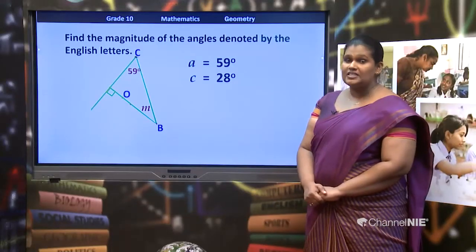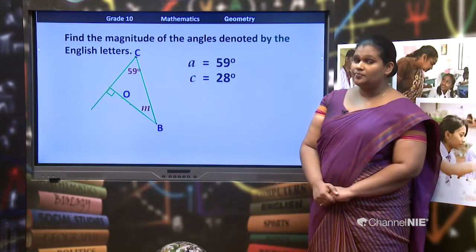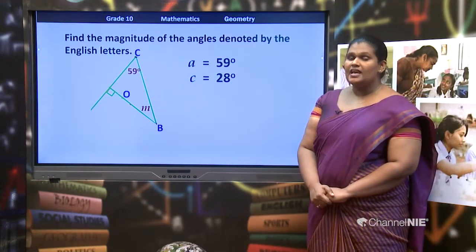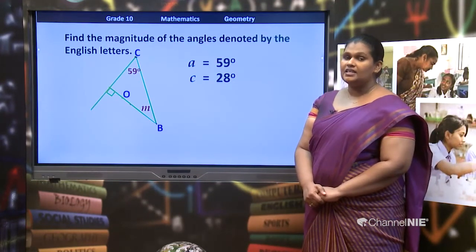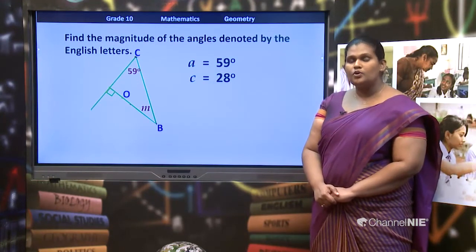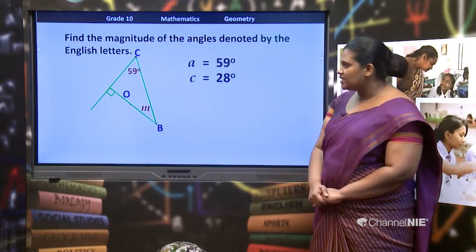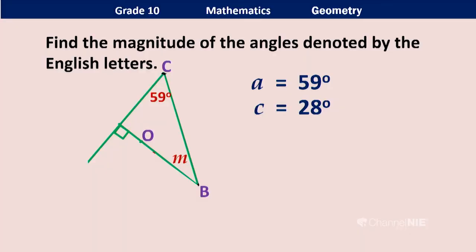That means, as we did to find C, what is the theorem? The magnitude of the exterior angle is equal to the sum of the interior opposite angles. Therefore, this is the exterior angle. These are the interior opposite angles. Therefore, we can say M plus 59 degrees is equal to 90 degrees.